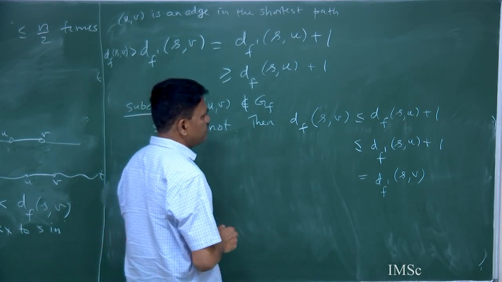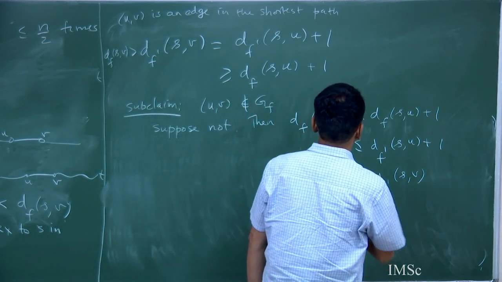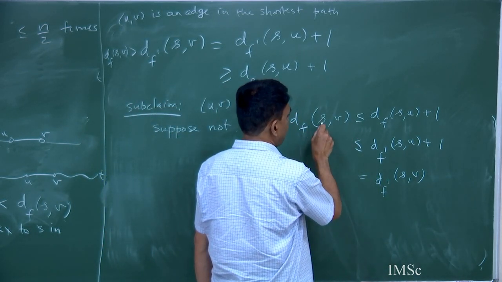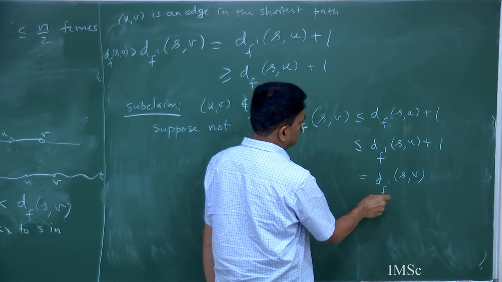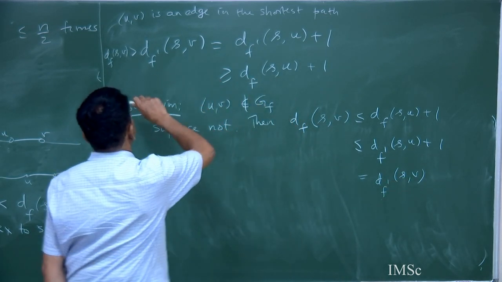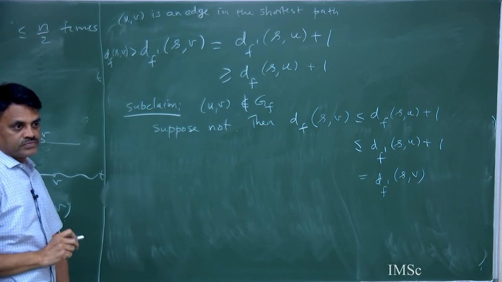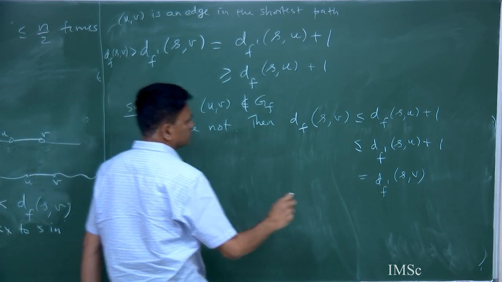What we have shown is that df SV in F was actually less than or equal to that in F prime, but our assumption was that in F it is greater. Okay.